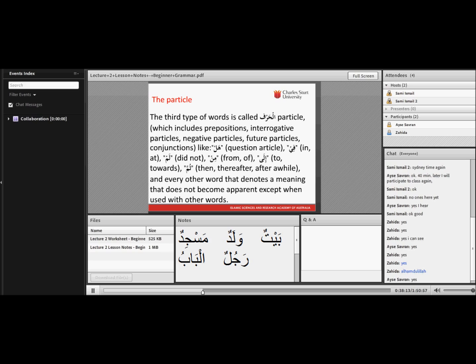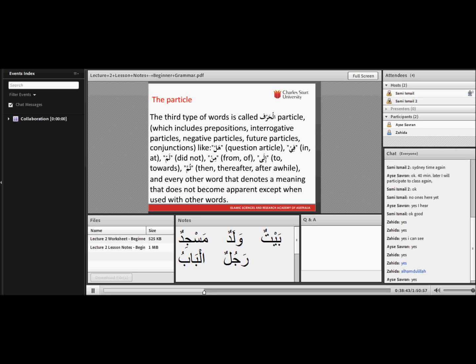Okay, now the particle. See, the noun was very easy, right? There wasn't much in it. The verb is a bit more detailed, but the noun is quite straightforward, pretty much like in the English language. Now the particle. The third type of words is called al-harf, meaning particle, and this includes many things. It includes prepositions, interrogative particles, meaning questions, negative particles, future particles, and conjunctions.